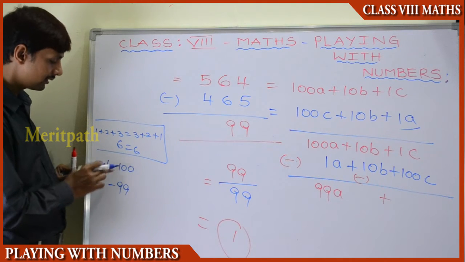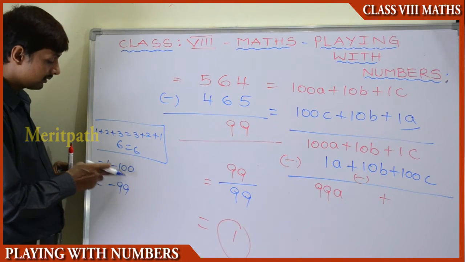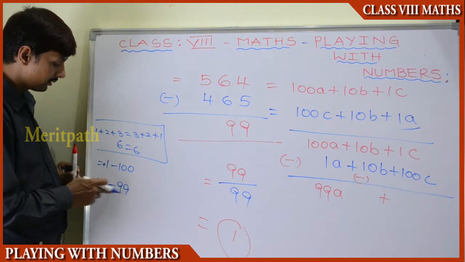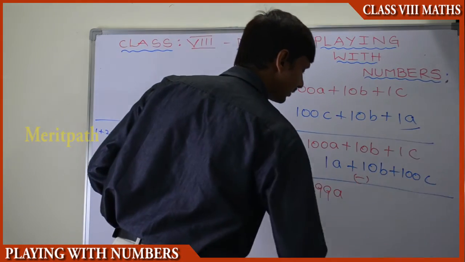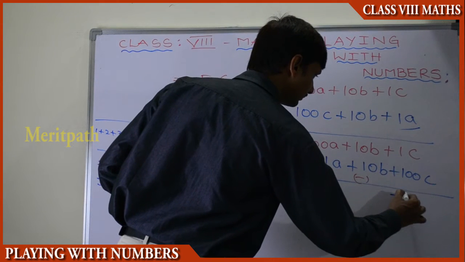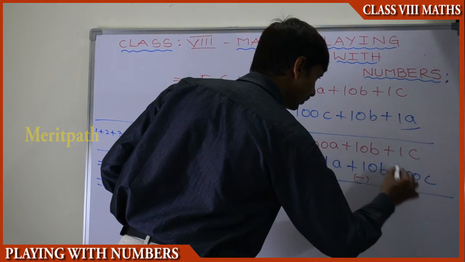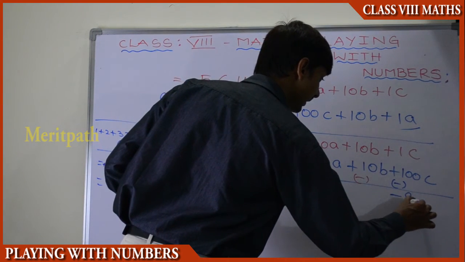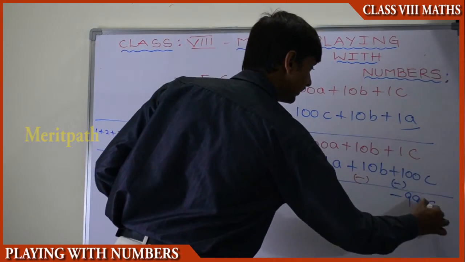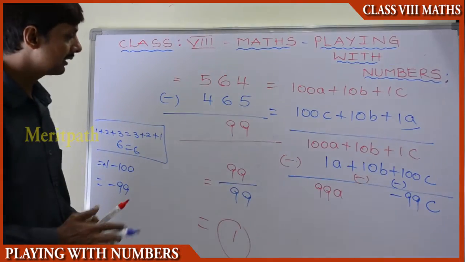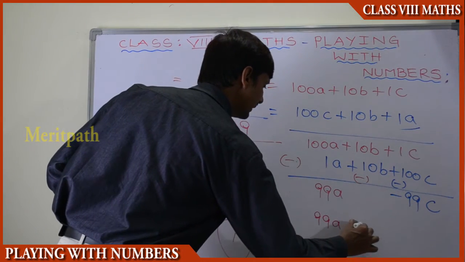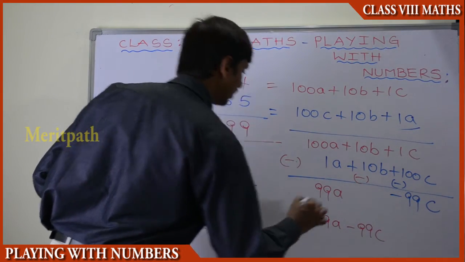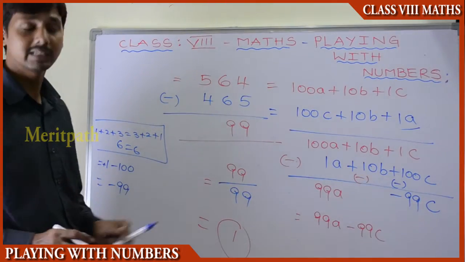Let's see which is greater, and 100 is the greater, so write the minus symbol. So we get minus 99 after 1 minus 100, and there is the variable C. So we got the result 99A minus 99C.